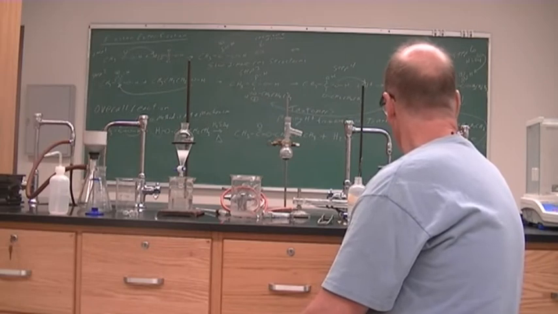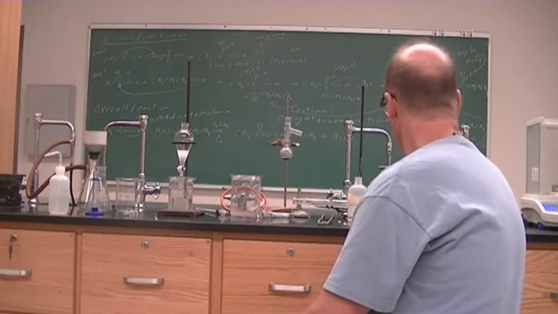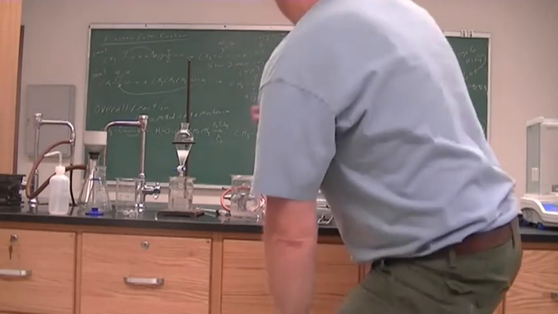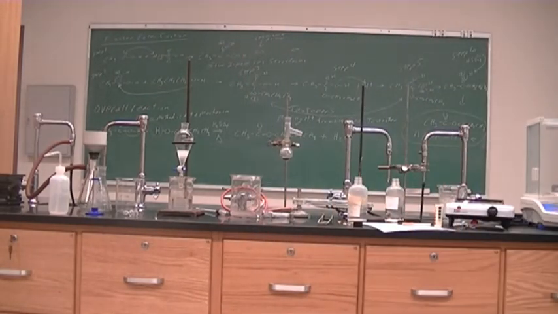And once we have done that, we're going to put that with 2 grams of magnesium sulfate. So while that's going, I'm going to weigh up 2 grams of anhydrous magnesium sulfate to get rid of all of the water.